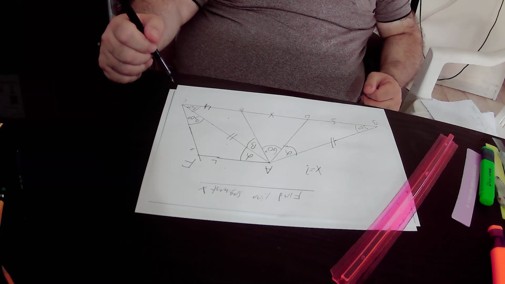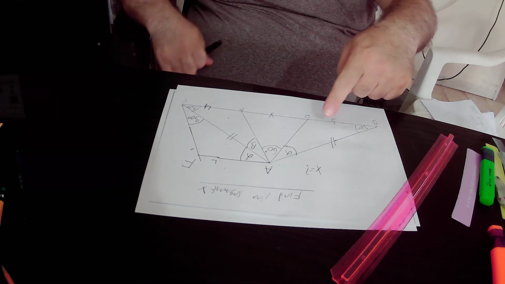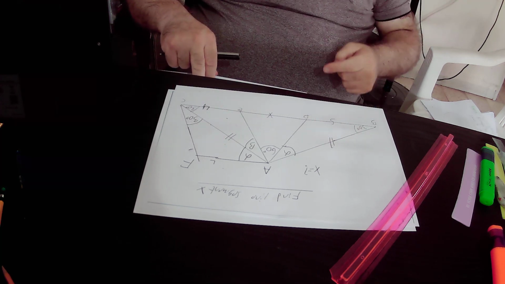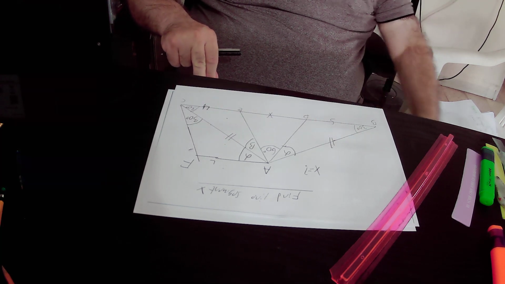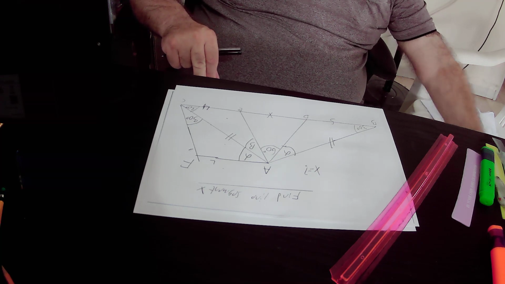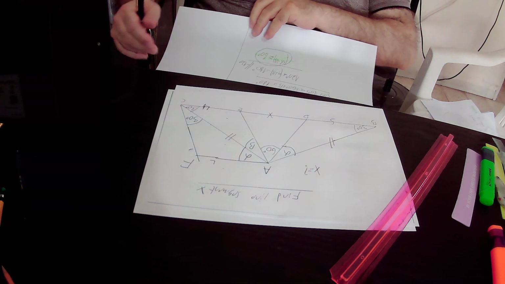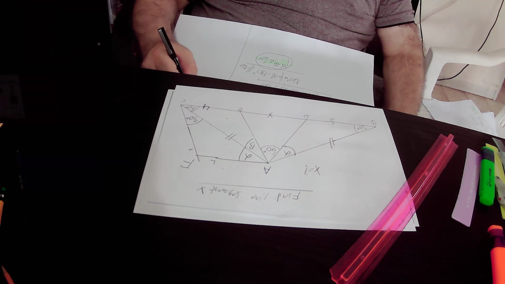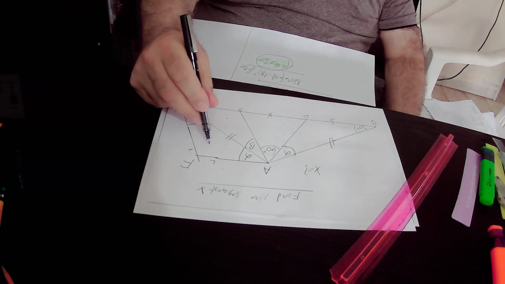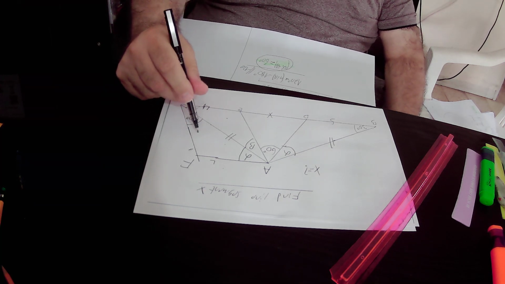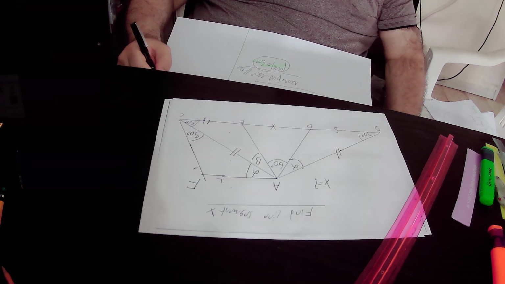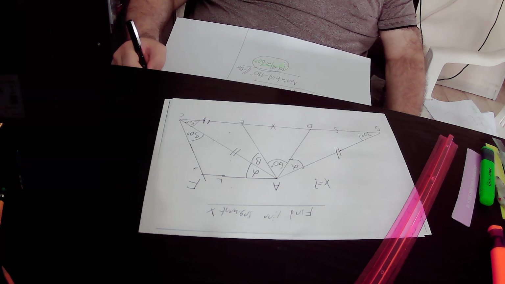In the next step we will prove that triangle ABD is congruent to triangle AFC. So we'll prove that those two triangles can fit exactly onto each other.